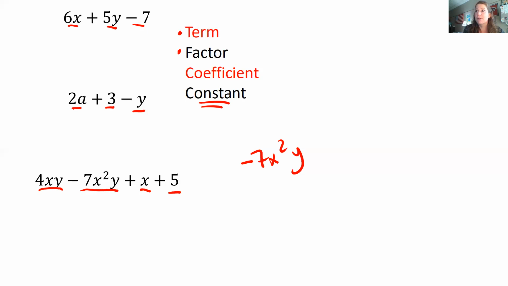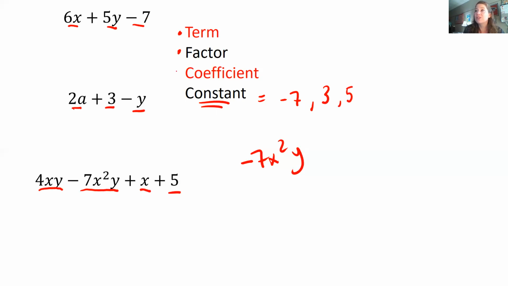So on this top one, our constant is negative 7. On this one right here, our constant is 3. So it's a positive 3. If it's a positive 3, I don't write the sign, but if it's a negative 3, I definitely have to write the sign. Negative 7 or negative anything, I have to write the sign. And then the constant on the last one is what? It's 5, right? So that's a constant.